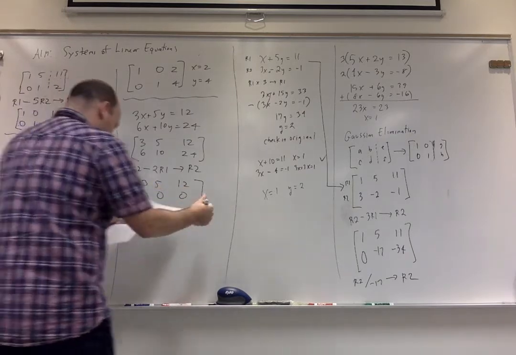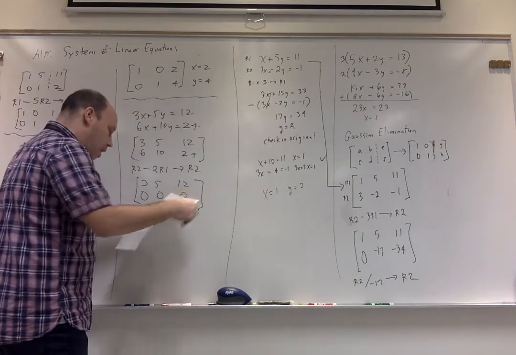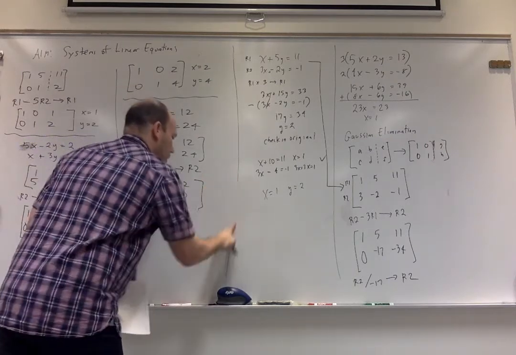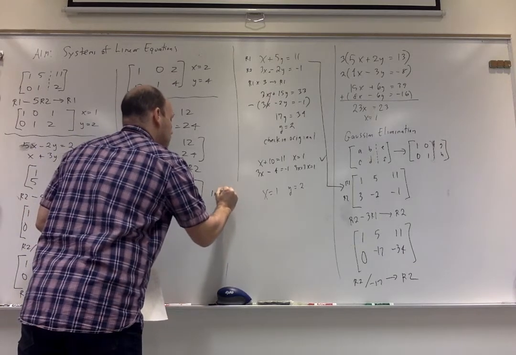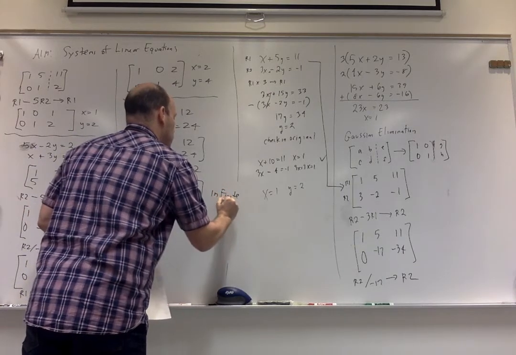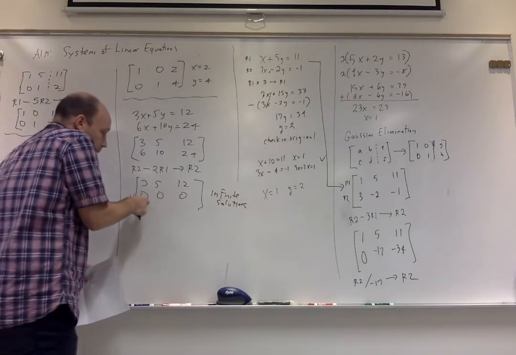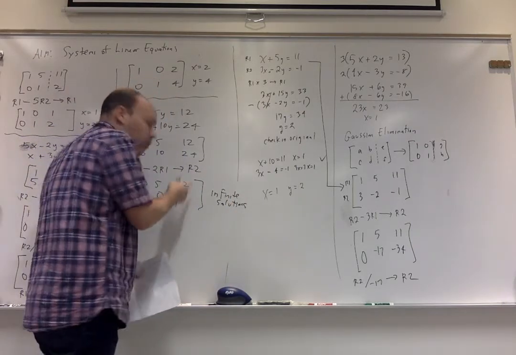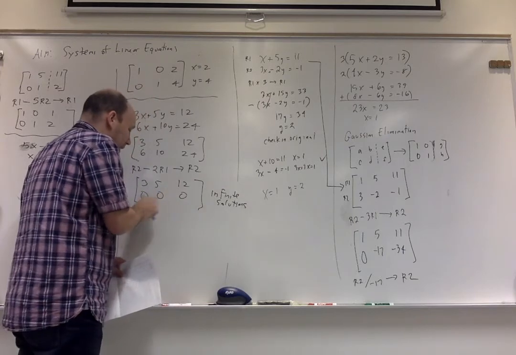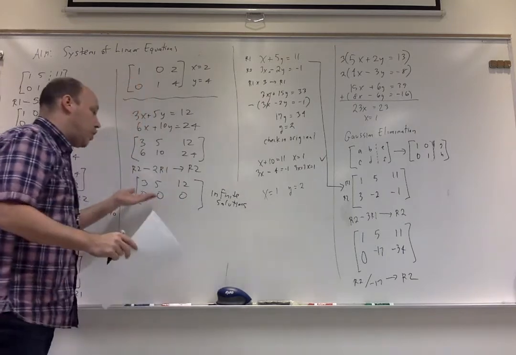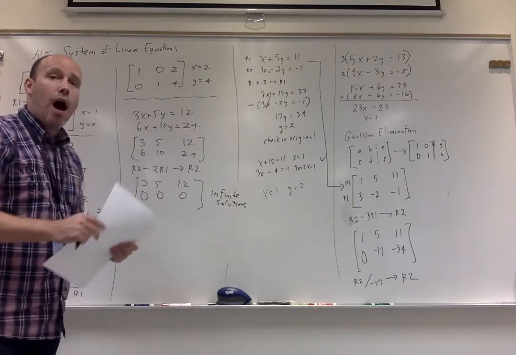When you have 0, 0, 0, this means you have infinite solutions. Because think about it. 0 times something plus 0 times something equals 0. It doesn't matter what you put in here. It's always going to be true. And so we know that, once again, geometrically, it's the same line.